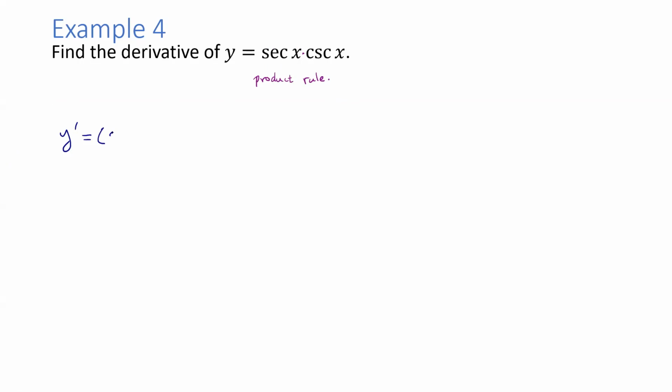So let's write out the product rule: the derivative of secant x times cosecant x, plus the derivative of cosecant x times secant x.